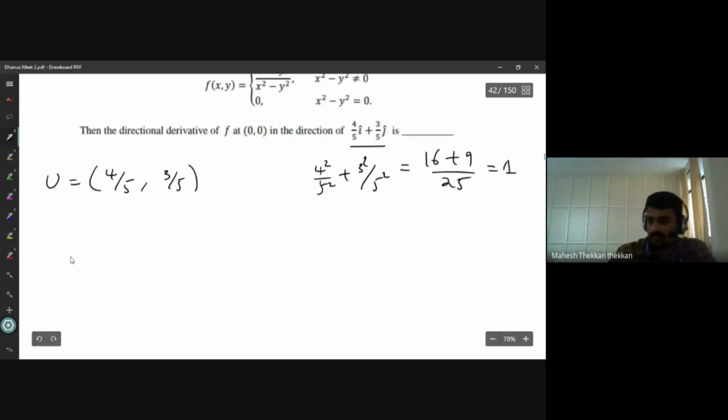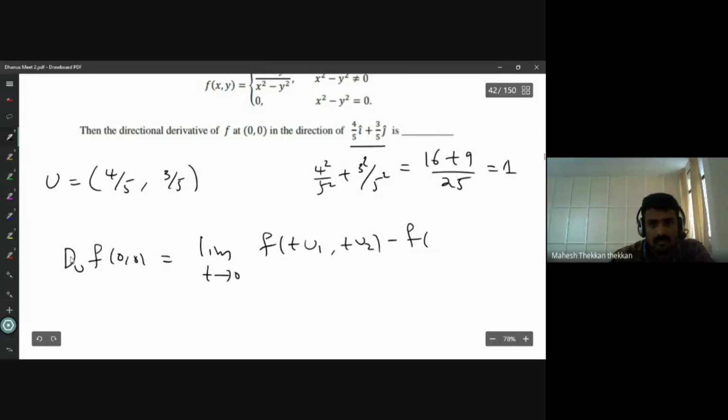Now you look at the directional derivative, that is Du f at 0, 0. What is that? Limit t tending to 0, f of (t u1, t u2) minus f of 0, 0, divided by t. This is the definition, correct?